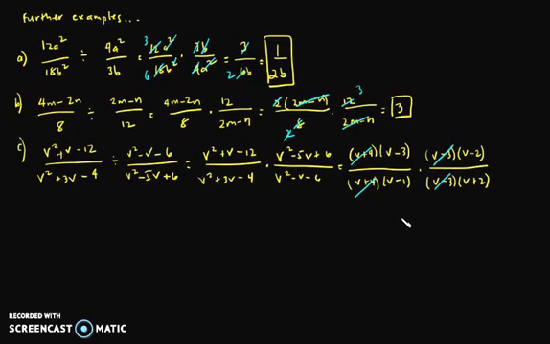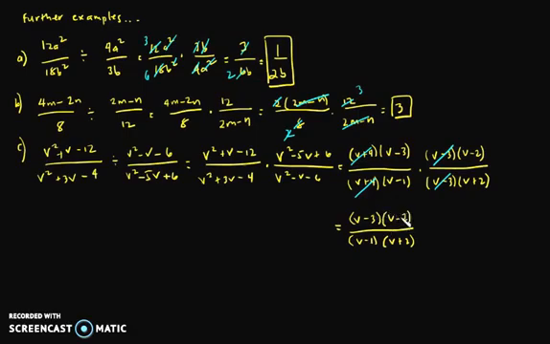I guess there's none left, so the final answer would be b minus 3, b minus 2 all over b minus 1, b plus 2.